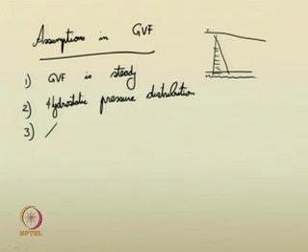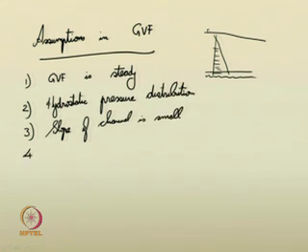We assume that the slope of channel is small. We are also considering the channel as prismatic, that is, the channel is not changing its cross section as we proceed from upstream to downstream.